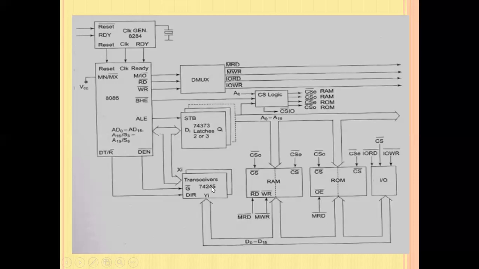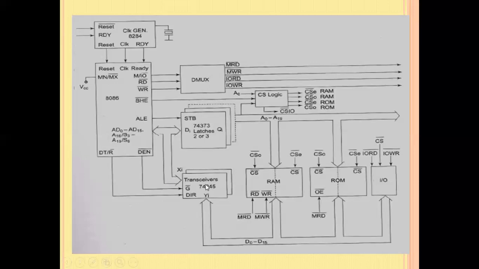The transceivers are going to give you the data bus. Just like these latches give the address bus, these generate the data bus. Other than that, they are also controlled by data enable and data transmit/receive, because these two control the transceiver, whether to transmit or to receive, and at which time the data is to be enabled.